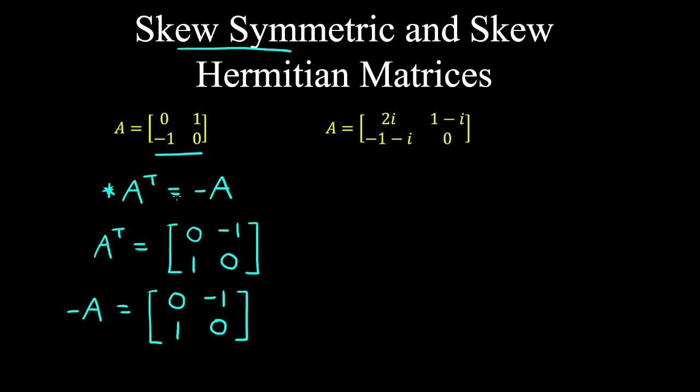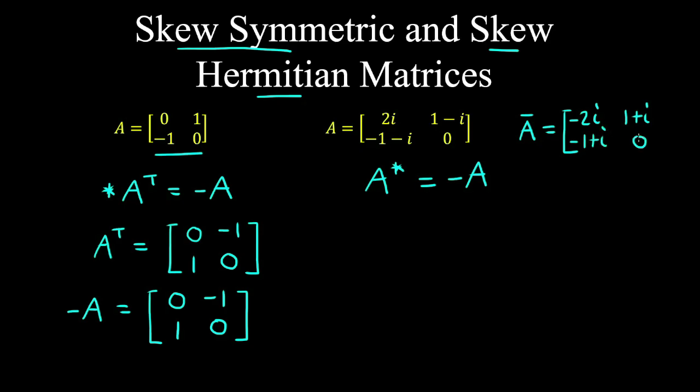Now the complex analog is a skew-Hermitian matrix where the conjugate transpose is the same as negating A. So remember, to obtain a conjugate transpose, we first take the conjugate of A, which gives minus 2i, 1 plus i, minus 1 plus i, and 0.